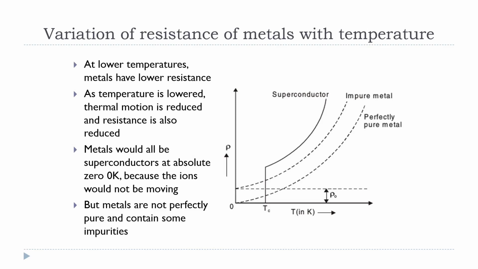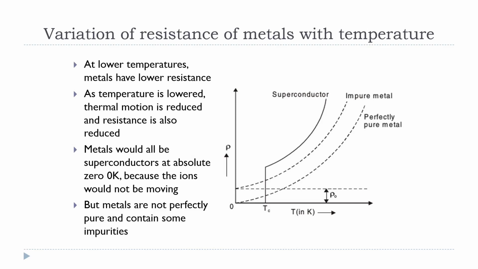So at lower temperatures, we understand that metals have lower resistance. Again, as the temperature is lowered, the thermal motion of the ions is reduced and resistance is also reduced. Hence, metals would all be superconductors at absolute 0 Kelvin, right?